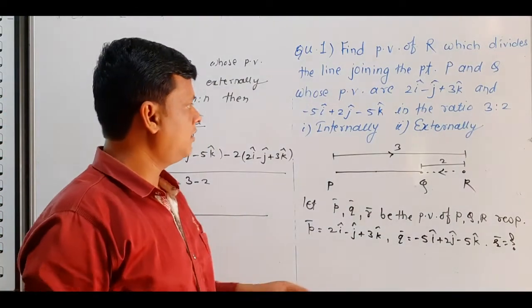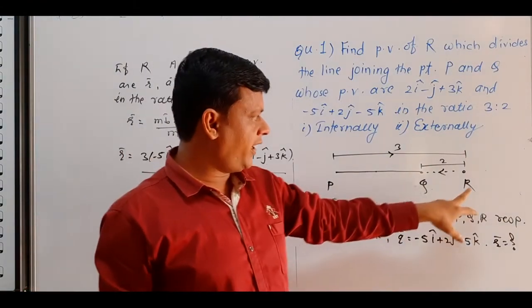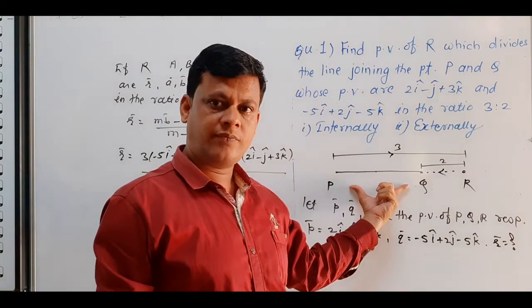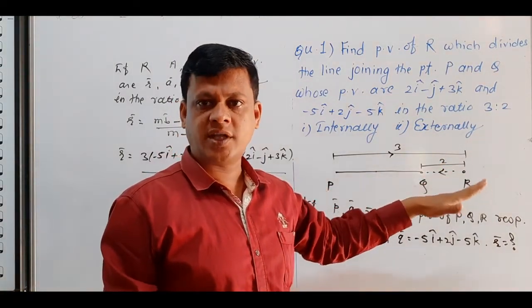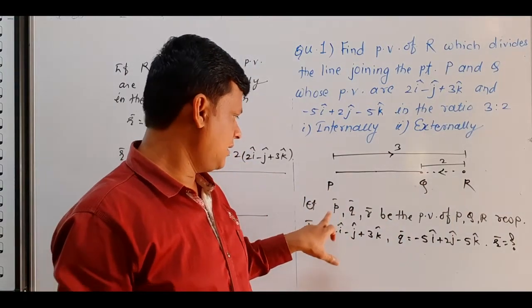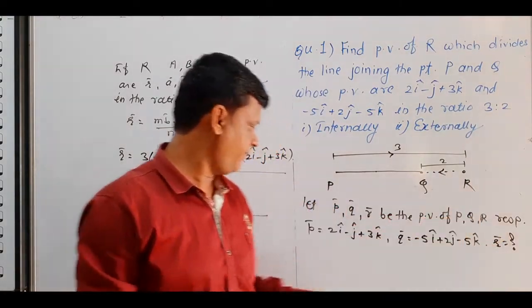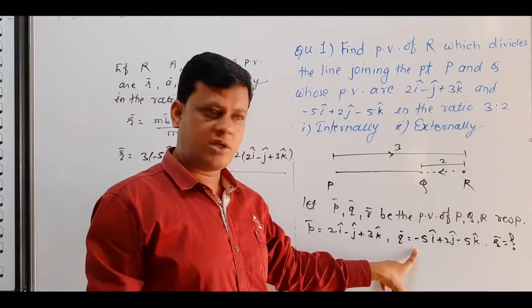Now see, for external division. If this point R divides this segment PQ externally in the ratio 3:2, we have to use the section formula for external division. First we write, let P bar, Q bar, R bar be the position vectors of P, Q, R respectively, and the position vectors of P and Q are given.